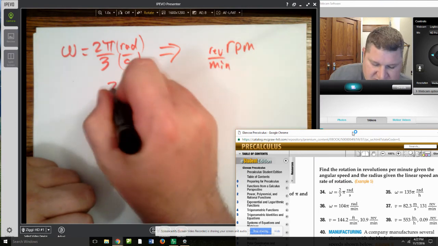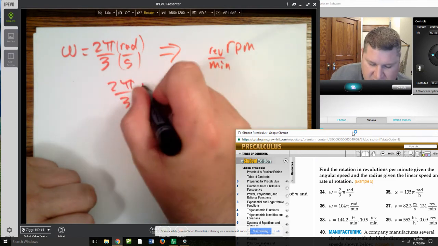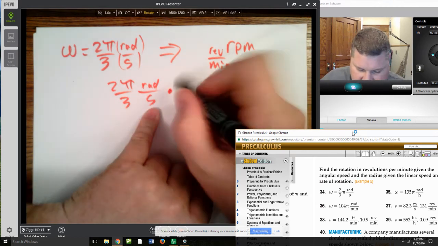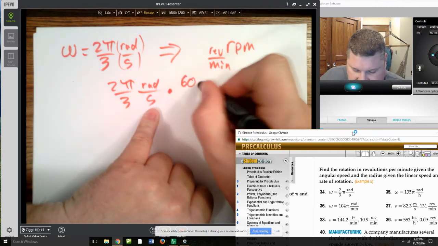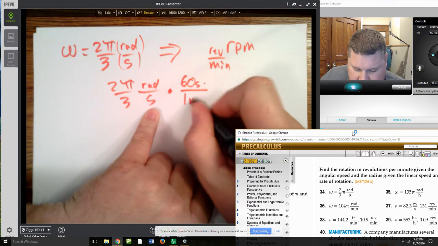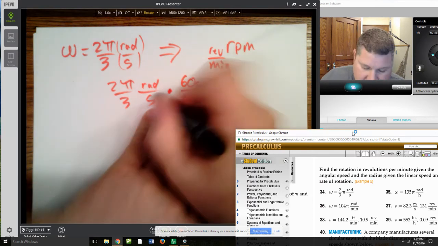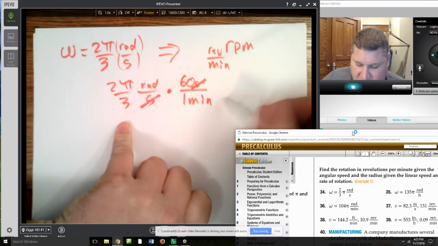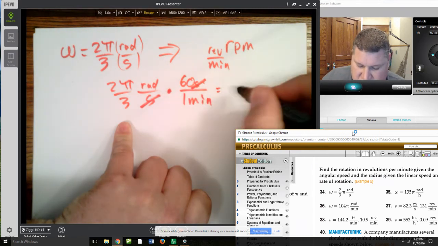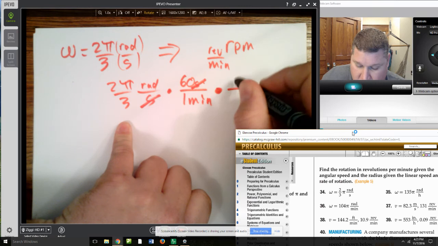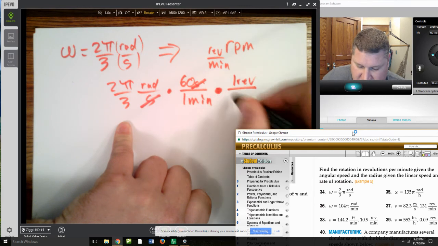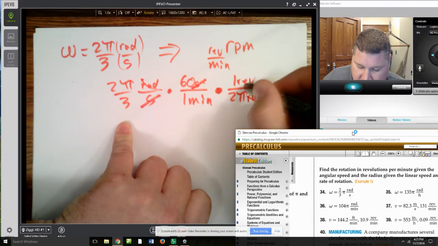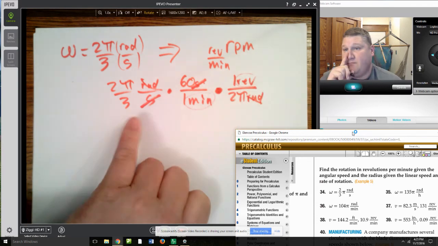We take 2 pi over 3 radians per second times 60 seconds in 1 minute. So here, gone, gone, that helps. Now we have radians, we need revolutions, so times 1 revolution equals 2 pi radians. Gone, gone, leaves revolutions and minutes.